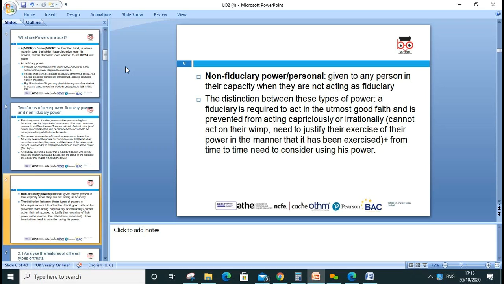They are prevented from acting irrationally and cannot act on their whim, they need to justify their exercise of their powers in the manner that it has been exercised from time to time and need to consider using their powers. Any question?